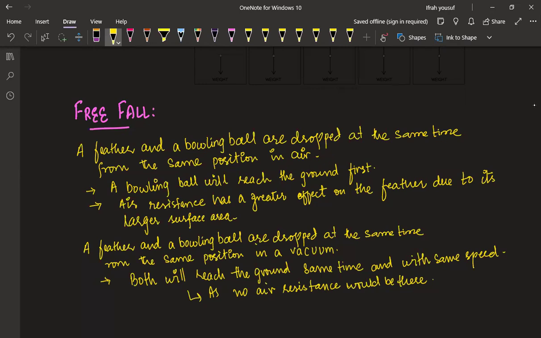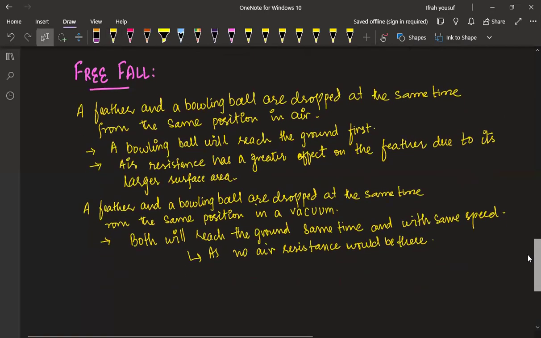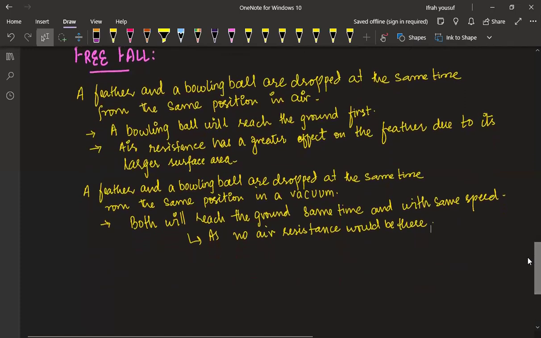Got it? So I hope this topic is completed. I have just spent some time on free fall motion. Now, what if I draw a velocity time graph? What do you think the graph is going to be like? Do you think there is a constant acceleration?